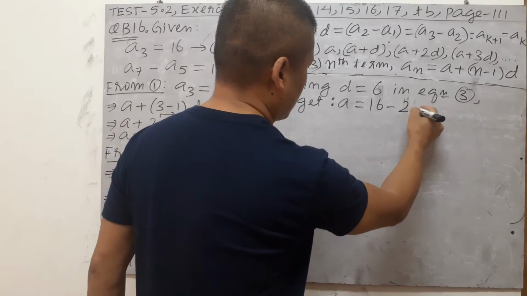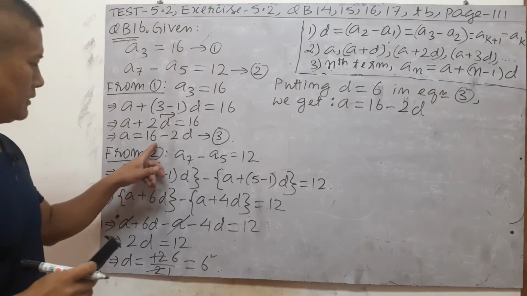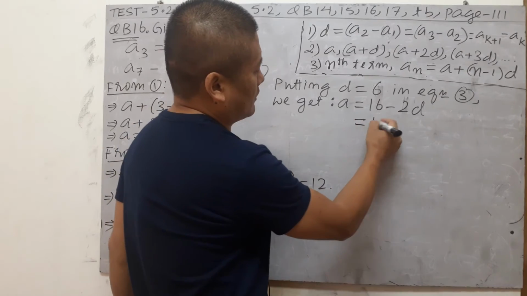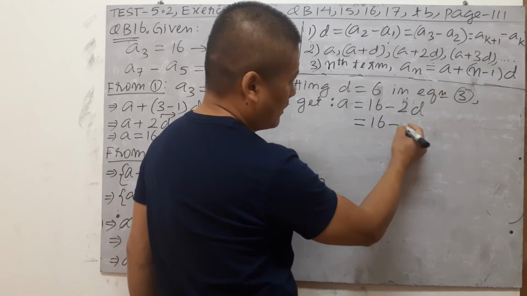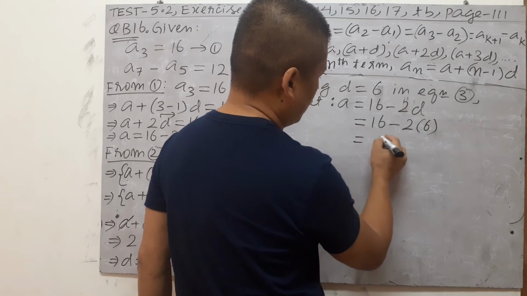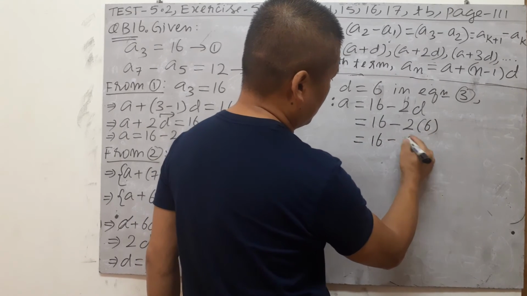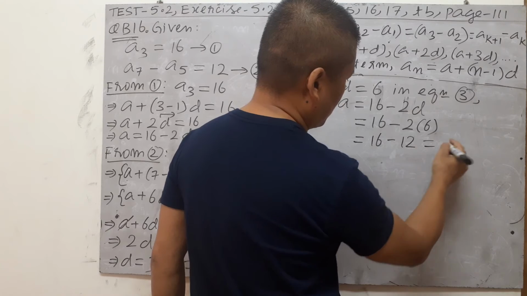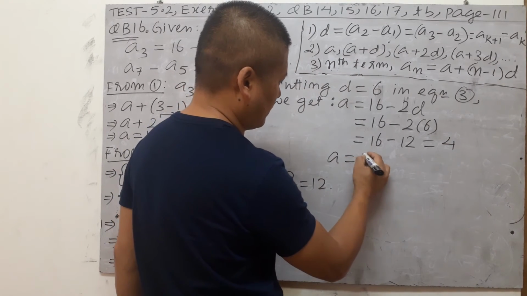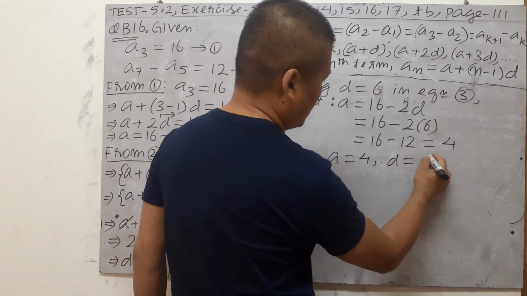As you can see in equation 3, write it as it is: A equals 16 minus 2D. So that will give you 16 minus 2 into D, here D is 6. So that will be 16 minus 2 sixes, which are 12. 16 minus 12 is 4. So here we have A value equal to 4, D value equal to 6.